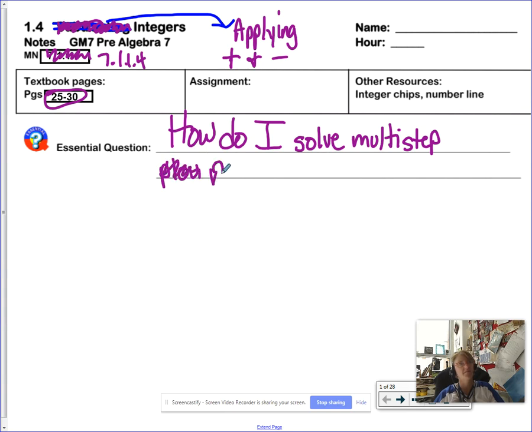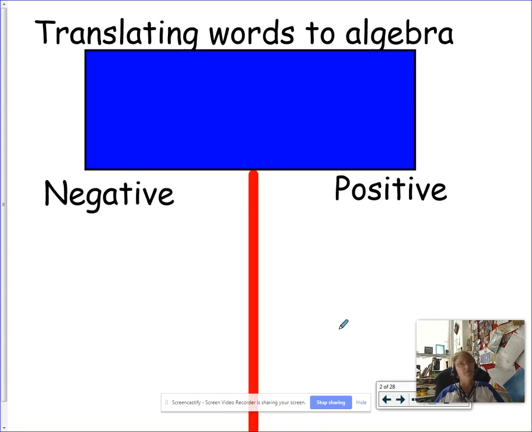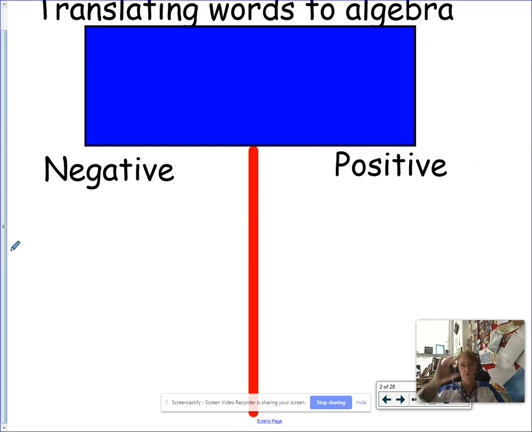Problems by adding, and I'm going to abbreviate with a plus sign, and subtracting integers. Question mark. Okay, so let's take a look at this first screen or first chunk in your notes.